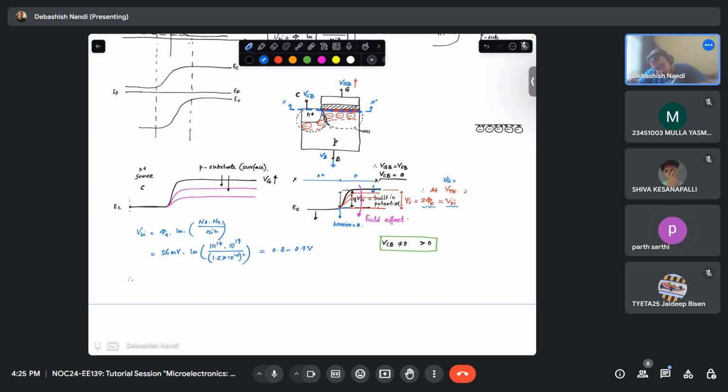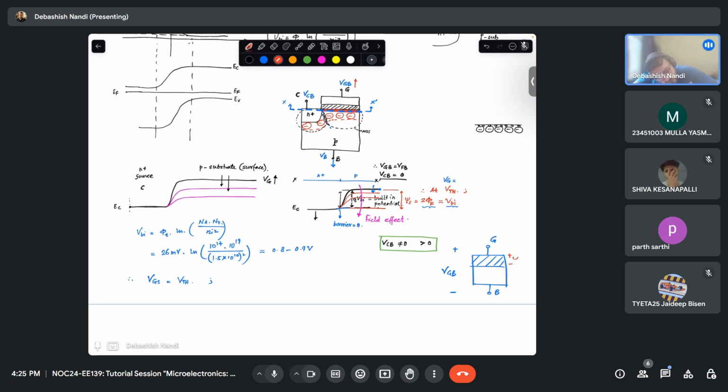Now, when your VGS equals VTH, this is the structure: this is your oxide, this is your B, this is your gate. This entire VGB falls across two potentials.